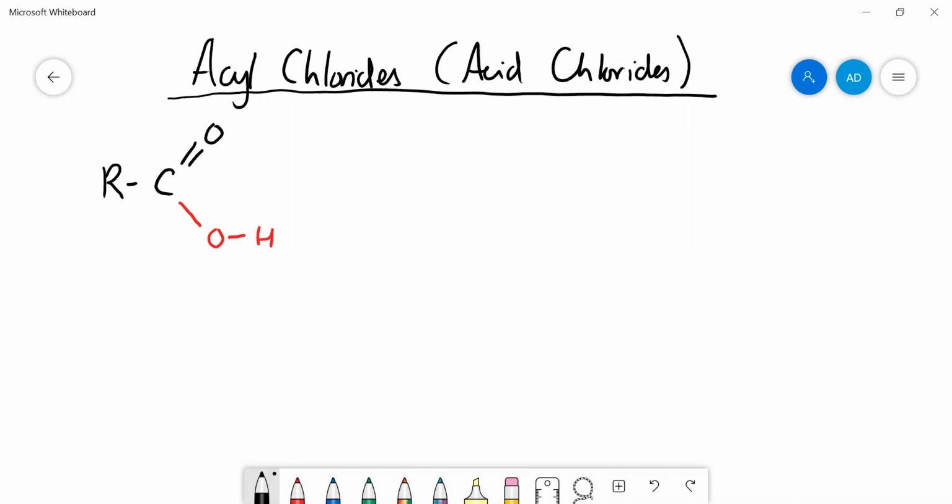Right, so an acyl chloride would be like this. So it's got a carbonyl group, but instead of the OH, it has a chlorine atom there.